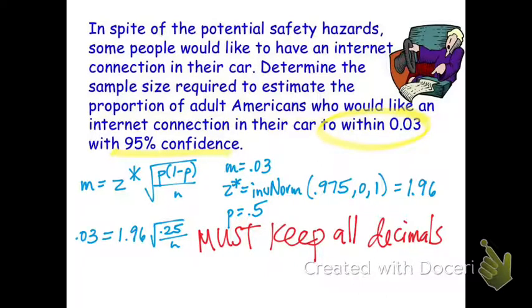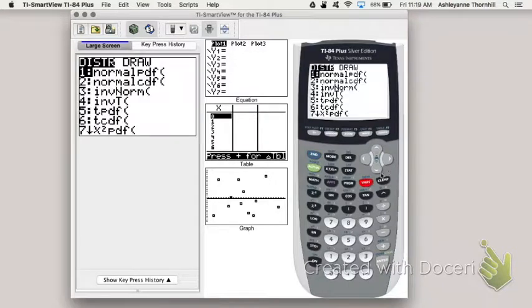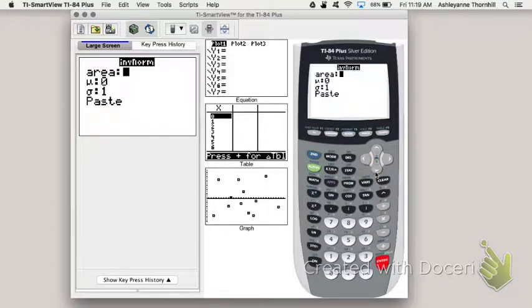Okay, so the first step is I'm going to get the full decimal of this really quickly. In my calculator, I'm going to go to second vars, inverse norm, and type 0.975, 0, and 1.